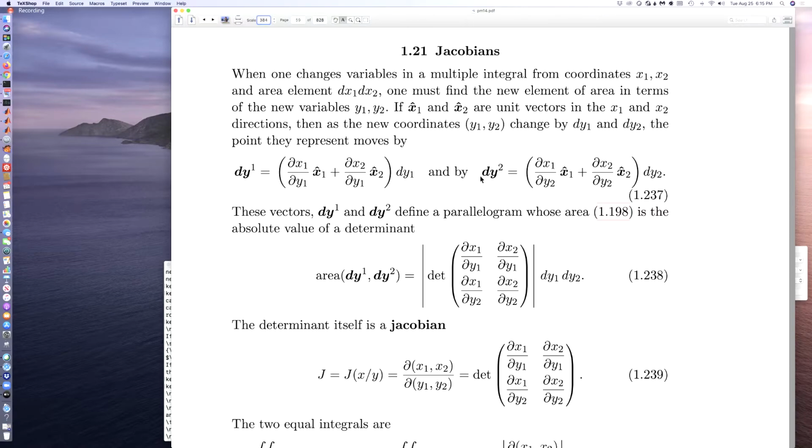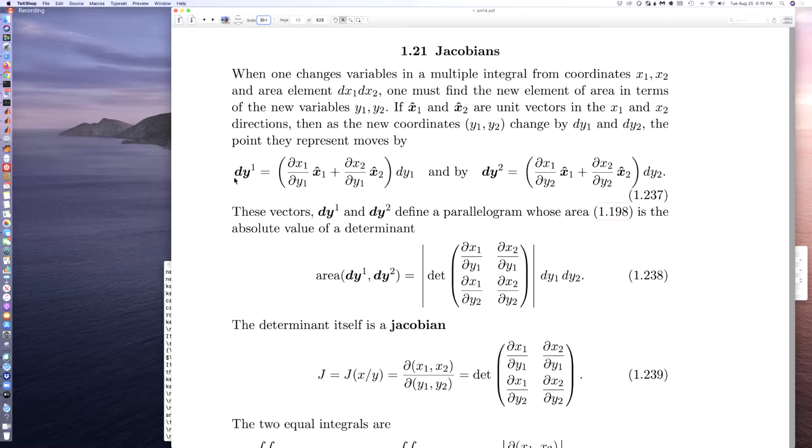And the change for the second y coordinate is partial x1 with respect to y2, x1 hat, and the partial of x2 with respect to y2, x2 hat, times dy2.